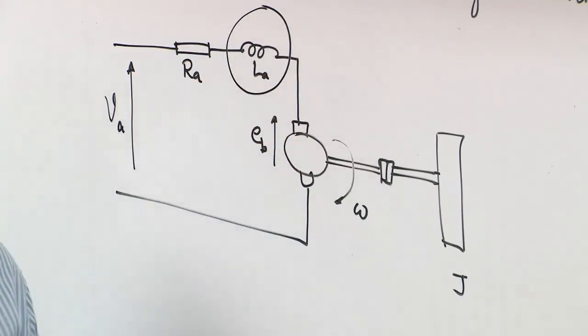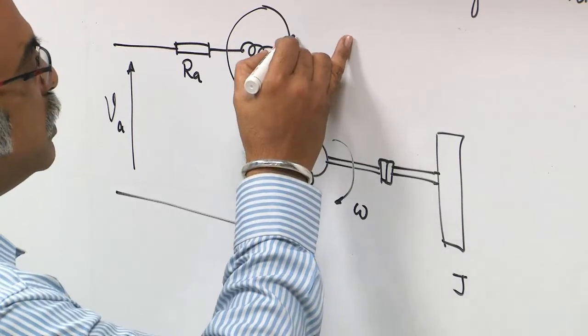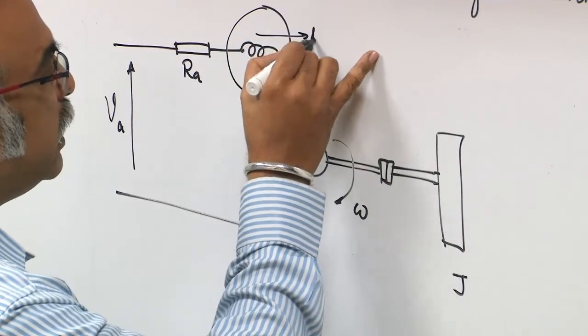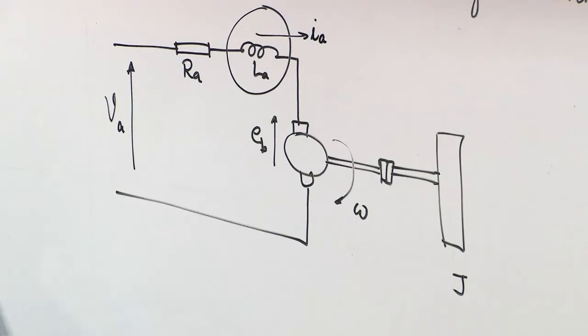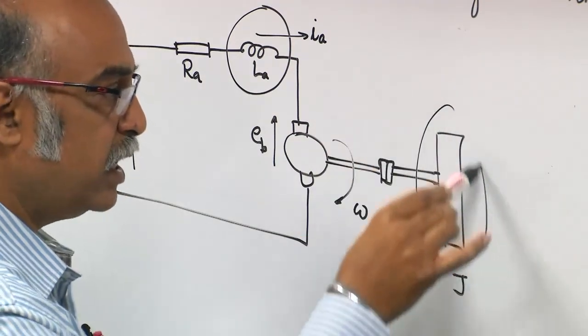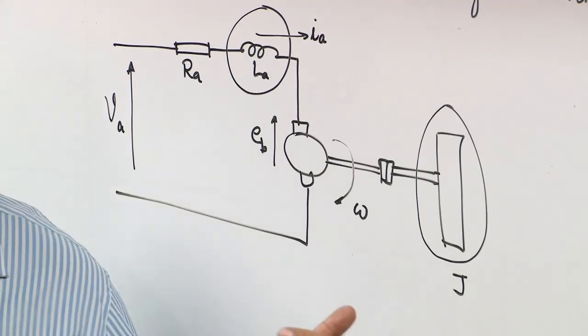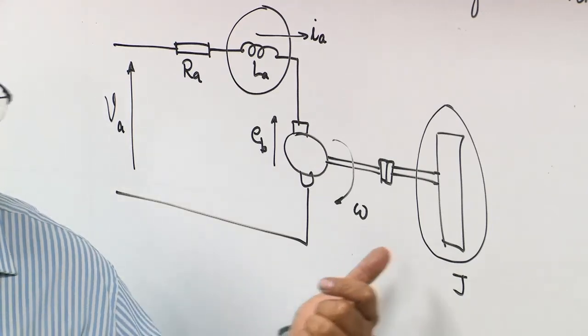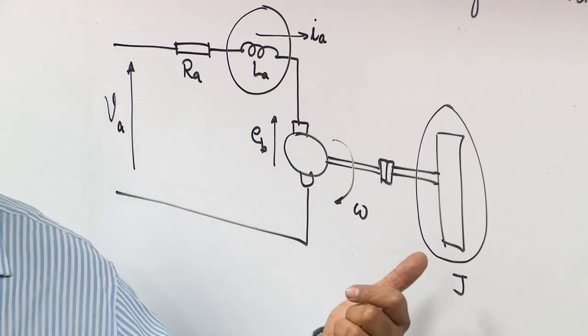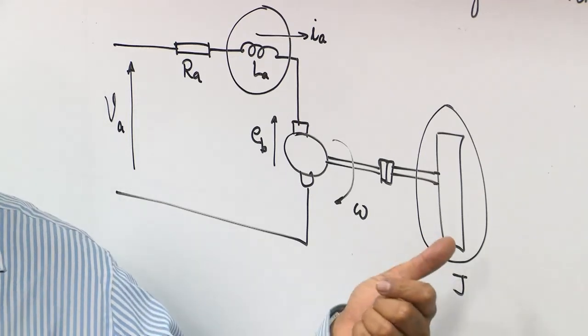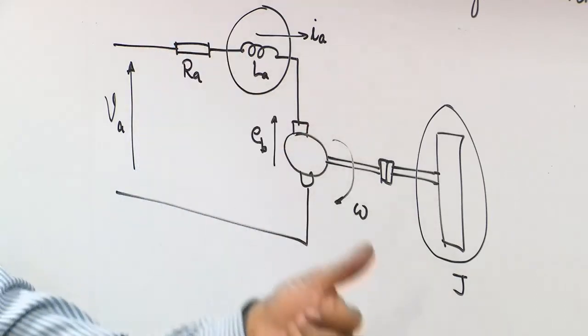This is a storage element, okay, if you look at it in the macro. So, therefore, the current flowing through that, IA, is a state variable. There is another storage element here in the mechanical domain, J, it is an inertial element. So, it is rotating. So, it is storing energy by virtue of the kinetic energy of rotation. So, this will be half J omega square, this is half L I square, half J omega square.